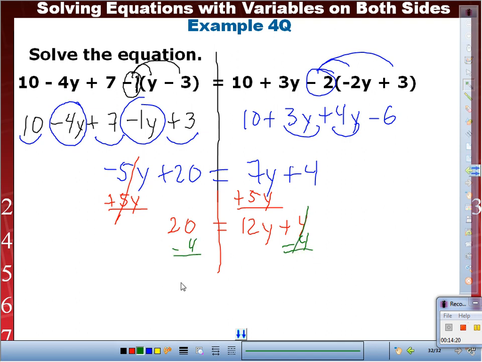That leaves us with 16 equals 12y. In our last step, divide by 12, divide by 12. We're left with, how many times does 12 fit into 16? Once. And how many left over? 4 over 12. Can we simplify? 4 over 12 is what? 1/3.